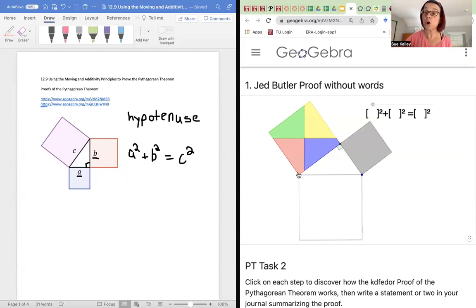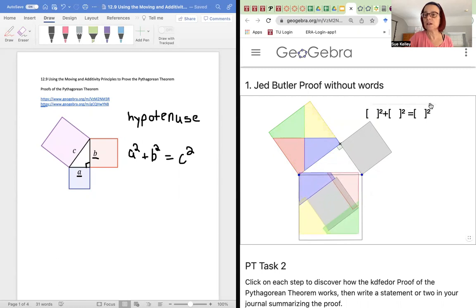So I'm just going to show you without words how A squared, the area of that square with side A, plus B squared, the area of the square with side B, is equal to C squared, the area of the square with side C. So let's take a look as I drag this across, and you'll see these areas move down and fit magically like a little puzzle into C. So this is why the Pythagorean theorem works.